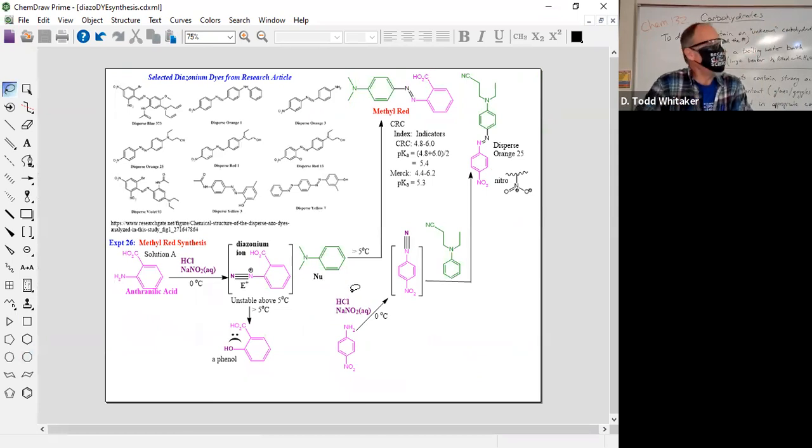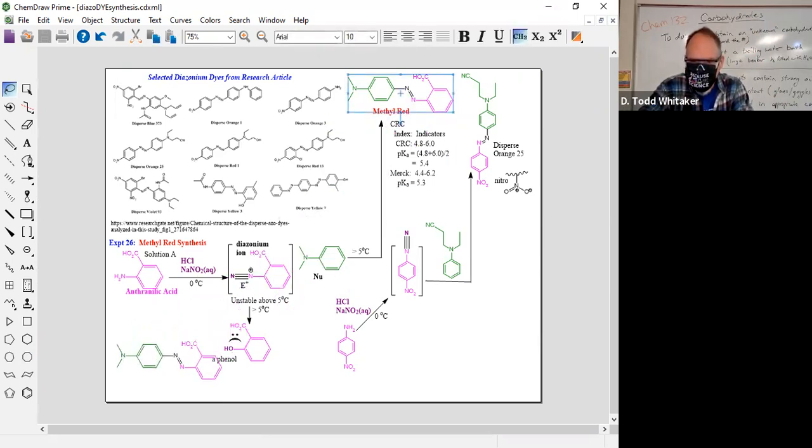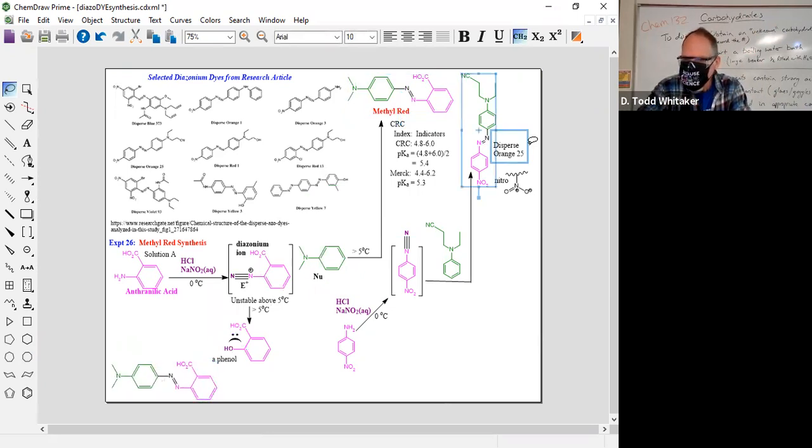Oh, one more point then. Sorry. We need to know how to predict the product of an acid-base reaction with these indicators. So the last thing we're going to do, I've got my methyl red there and my disperse orange 25 here.